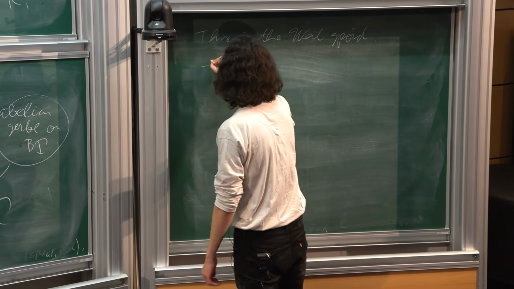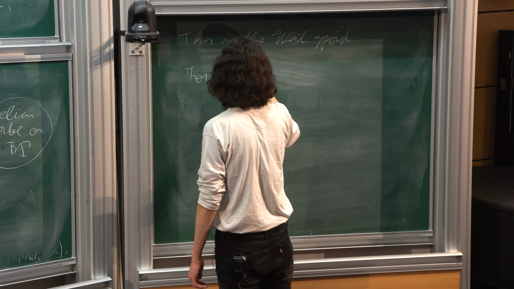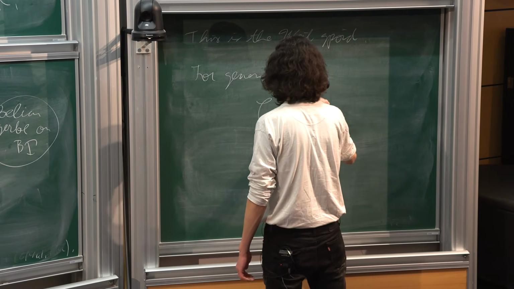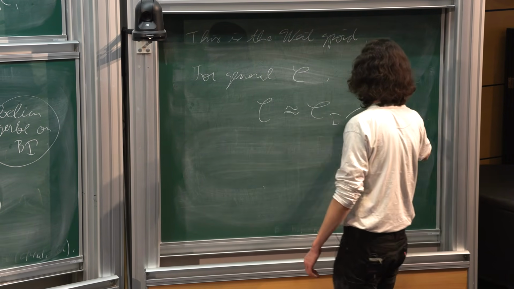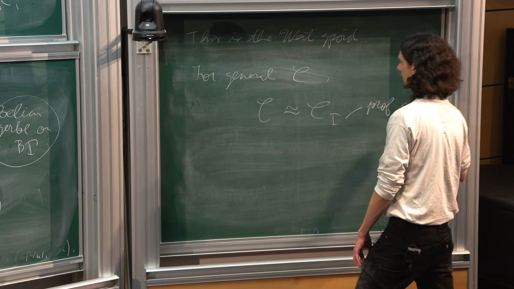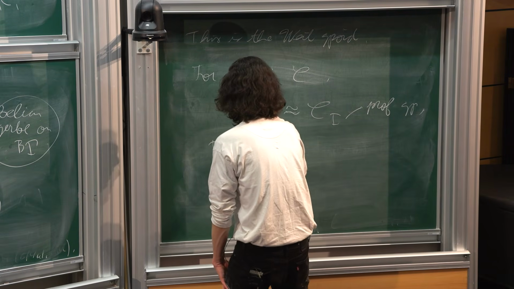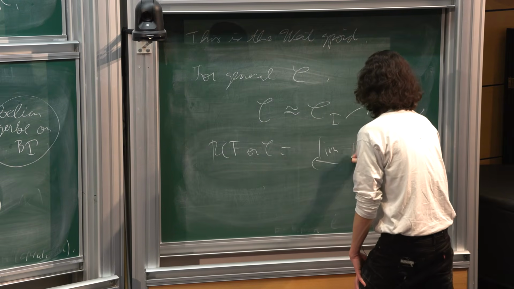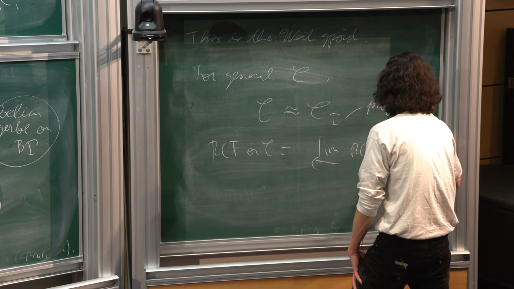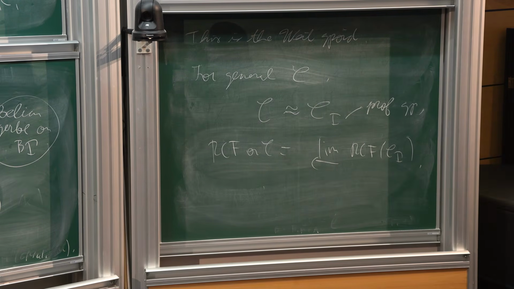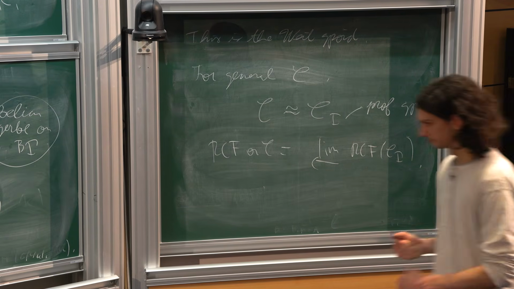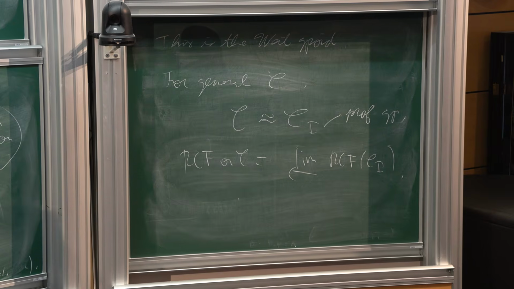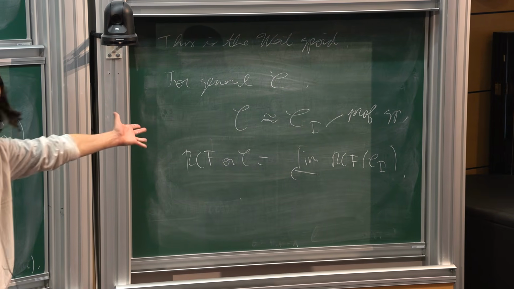For a general C, so C is maybe non-canonically equivalent to C_gamma, where gamma is just a profinite group, a refined class formation on C is the same thing as a compatible system of refined class formations on the finite quotients. That's actually obvious from the definition.